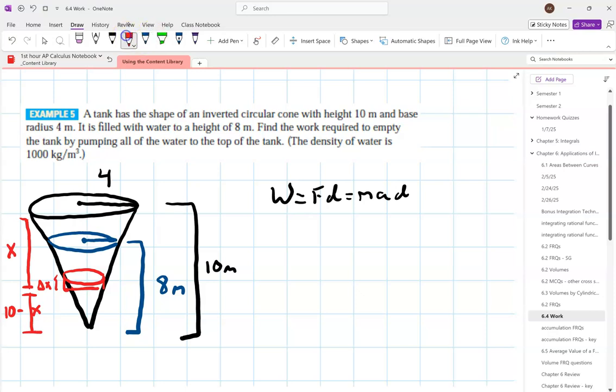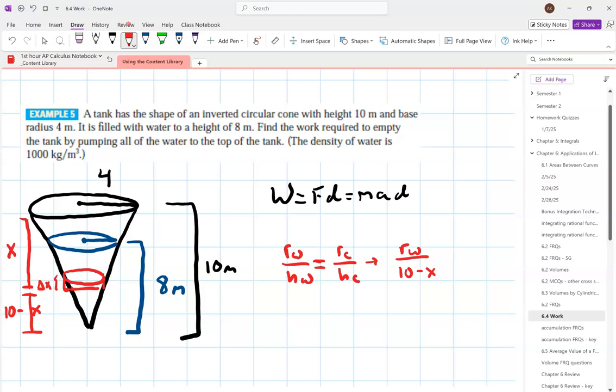So when I try to find the radius for the water, we'll say the radius of the water over the height of the water is equal to the radius of the cone over the height of the cone. So the radius of the water is what we're going to be looking for. The height of the water at any time is going to be 10 minus x.